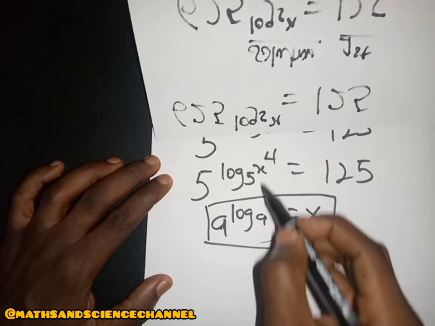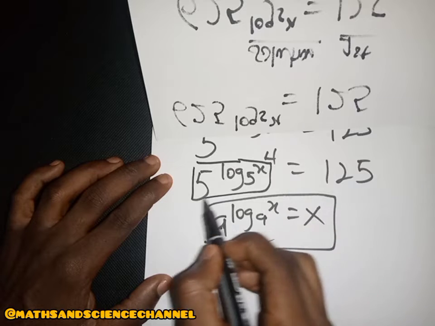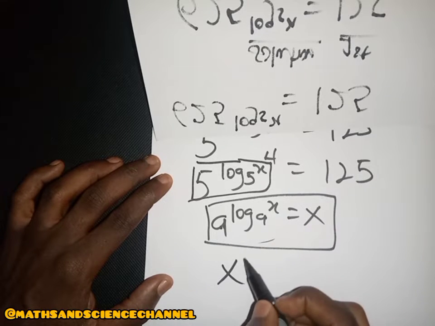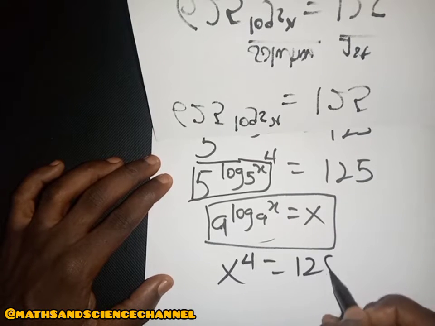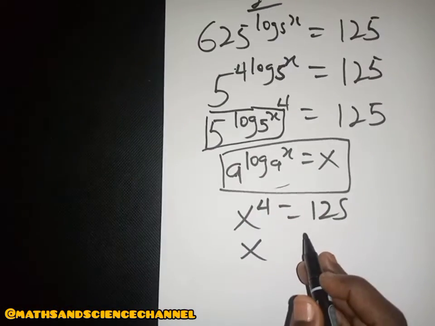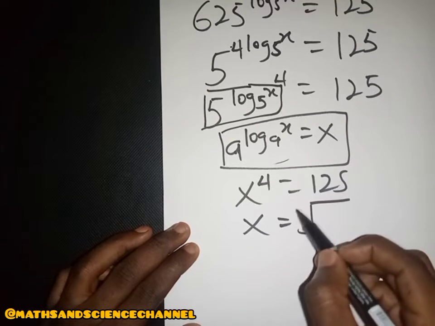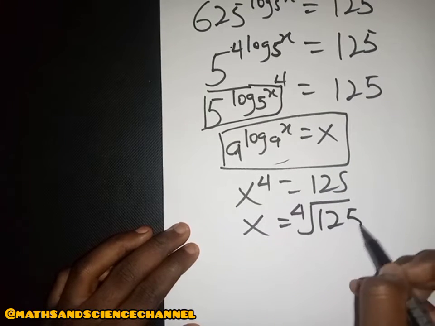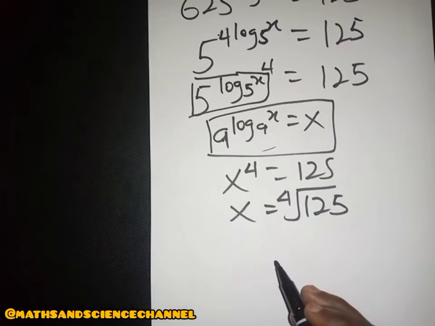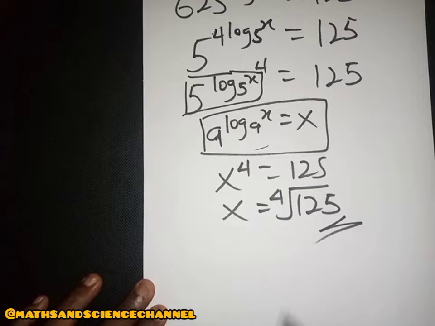So x to the power 4 is equal to 125, and therefore x in this case is just equal to the fourth root of 125, as we had in the first one.